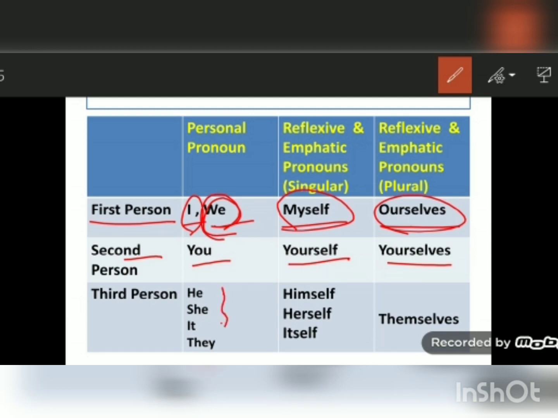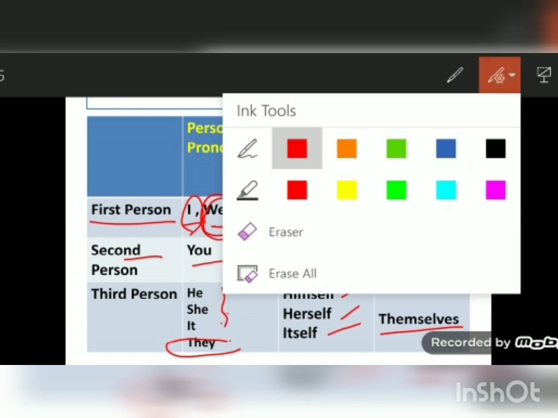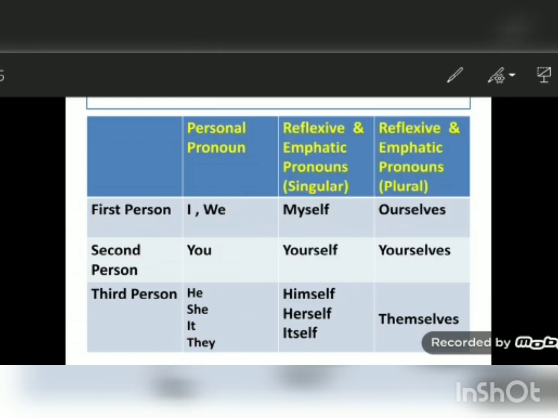For he we will use himself as reflexive and emphatic pronoun, for she herself, for it itself. They is plural, so for that we will use themselves. In this way these are the different forms of reflexive and emphatic pronouns. It depends on what subject we are using.